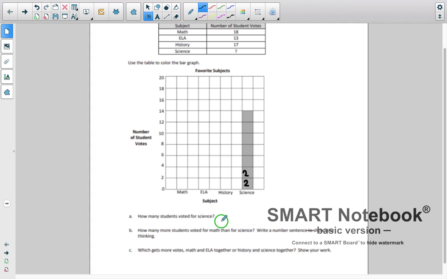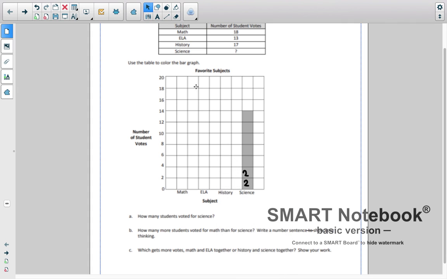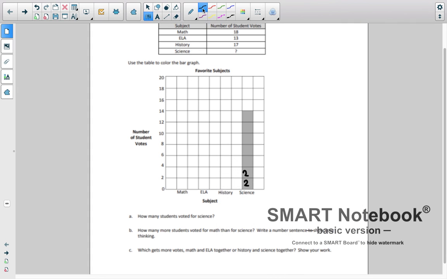So there are 14 students who voted for science. And we can also look at it this way. If we look at the top of that gray square and go all the way down, we can see that it stops at 14.